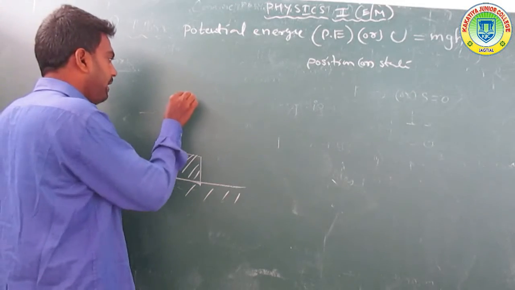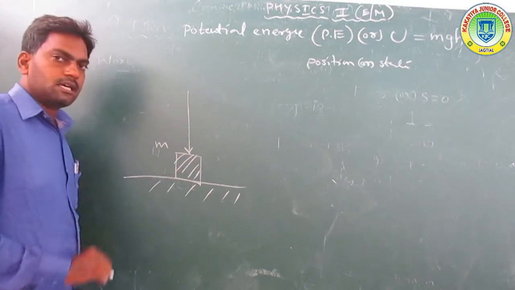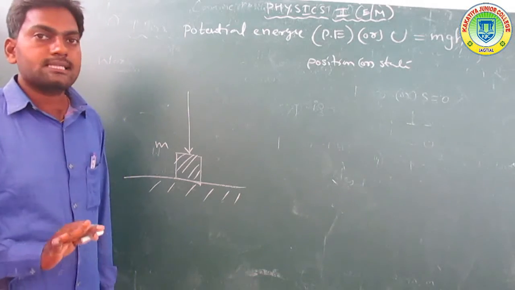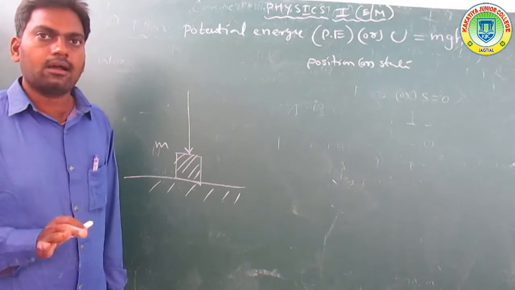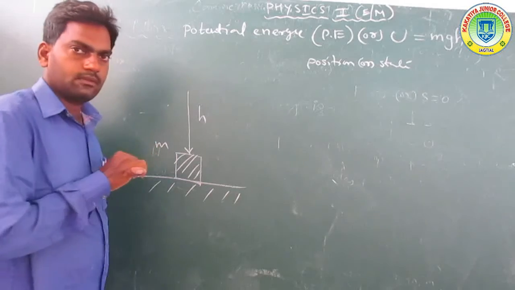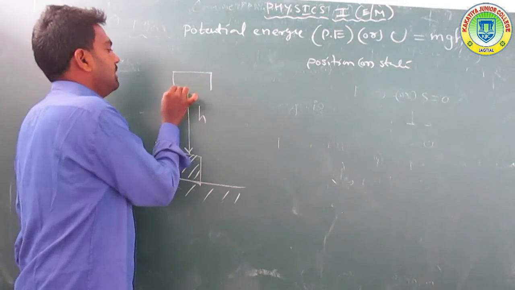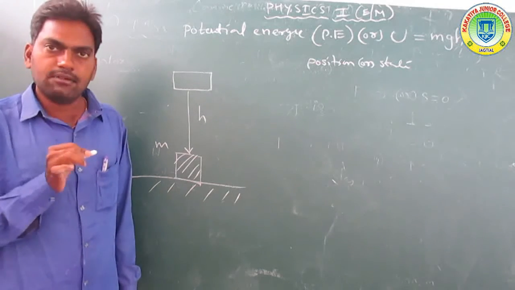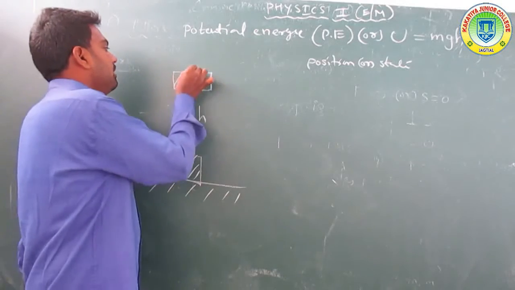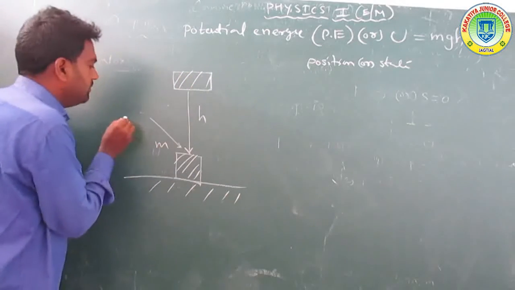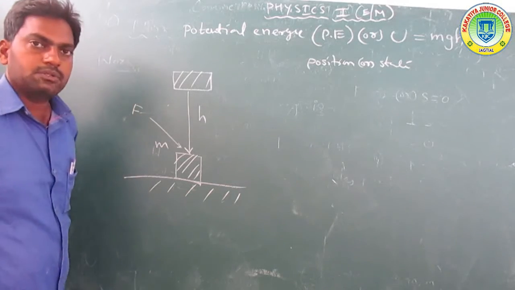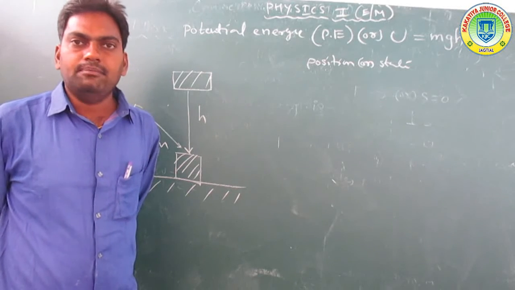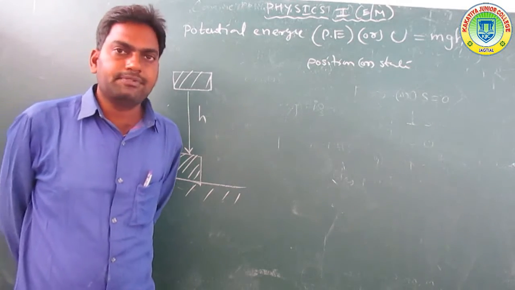Now force is applied on the body through some displacement, that is, a height h, to lift the body. The force applied is equal to the weight of the body, so the body is lifted.